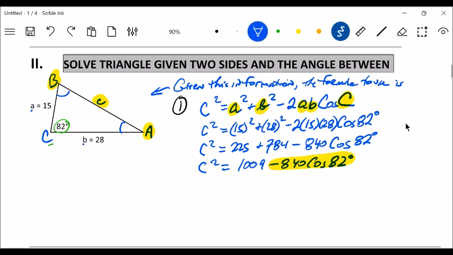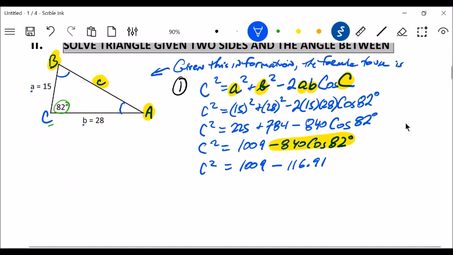If we multiply that out, you get 1009 minus, and once you do that, it comes to approximately 116.91. You would actually want to do that on a calculator and leave it there so it would work it all out correctly. So C squared is approximately, because I just had to round something, 829.09.